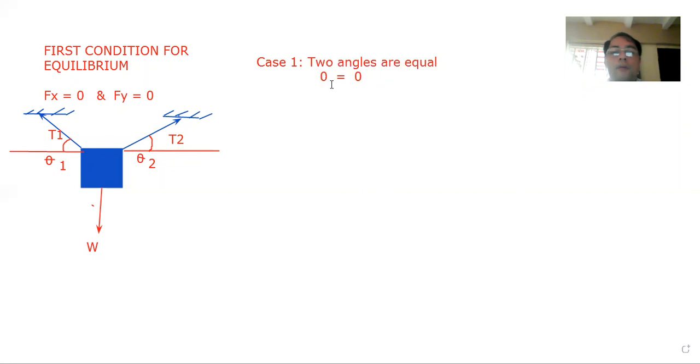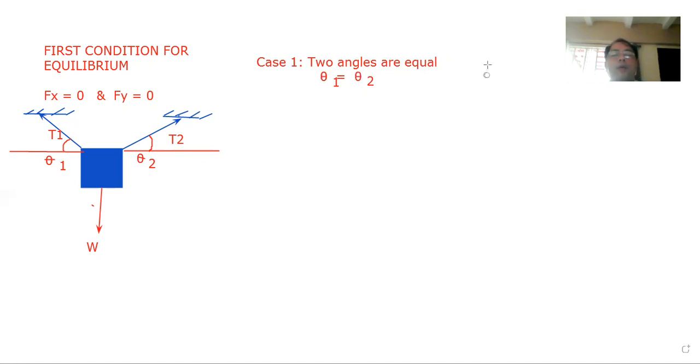Whatever that angle is, it can be 10 degrees, 20, 30, whatever the angle. Our situation is that we have two angles that happen to be equal to one another.